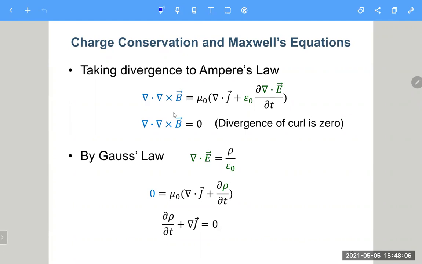And if you just check the mathematics, you can see that for any vector field, if you take the curl and then take the divergence, it must be zero. For the curl, you see how the vector field is rotating, and for the divergence, you check whether the vector field is going in or going out.